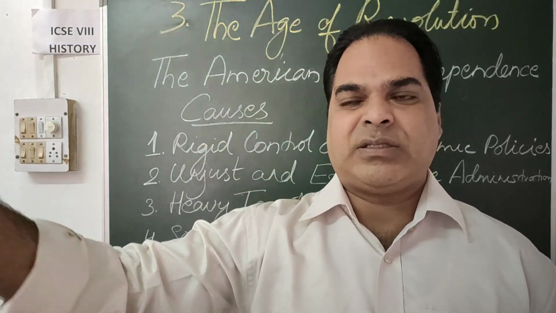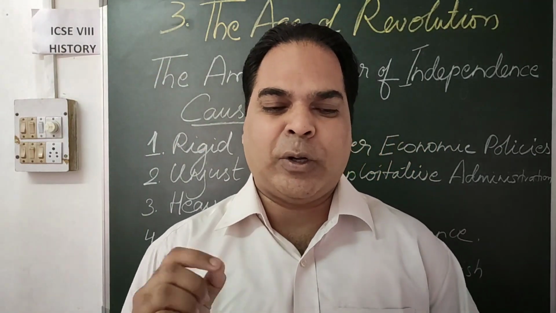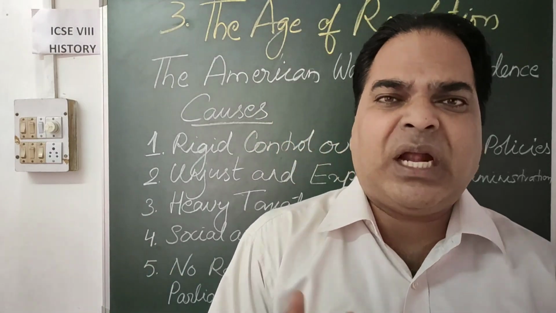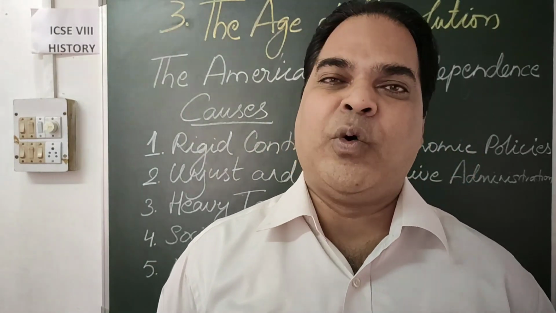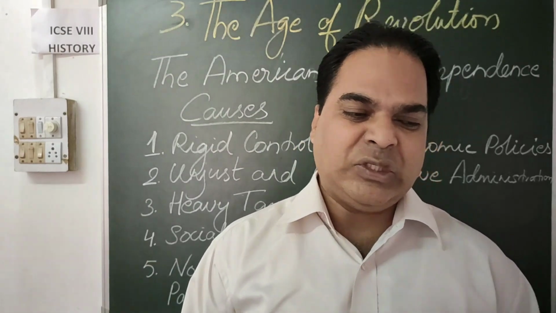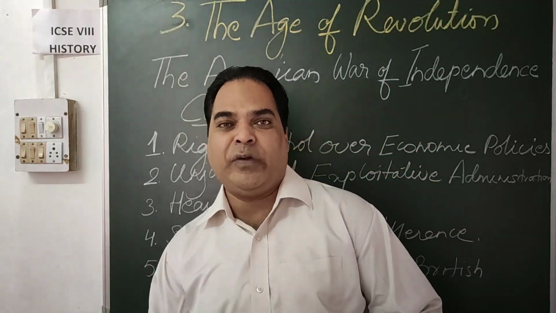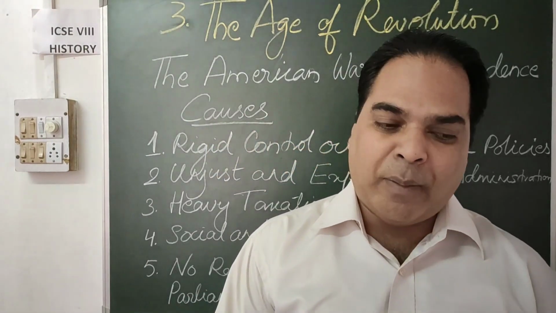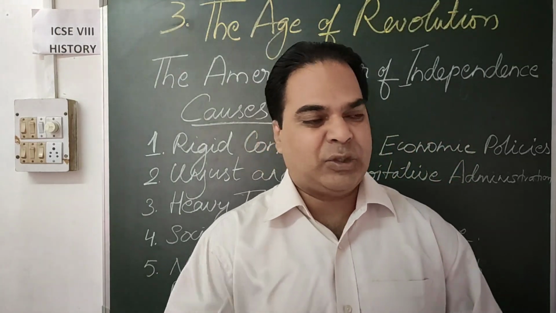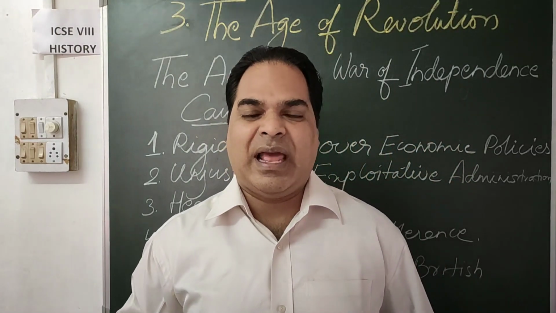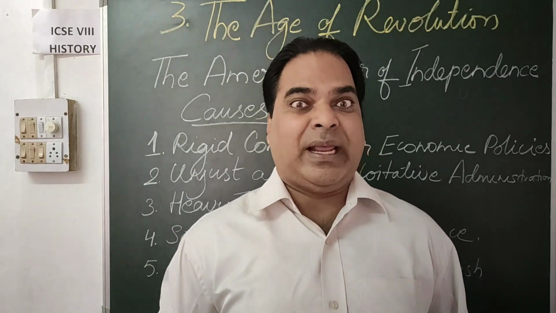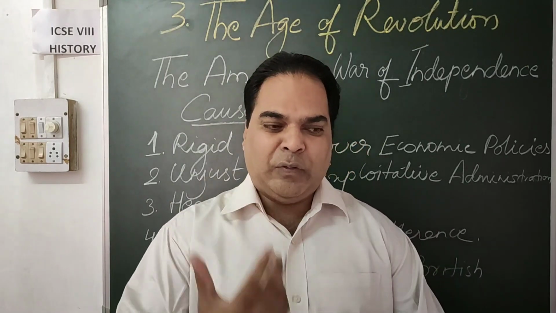Over the years of living there, the colonies had developed a distinct identity of their own. The American identity aspired for freedom to grow and develop as a separate independent nation. So they separated themselves and set up a separate identity. We are Americans and we need to free ourselves.